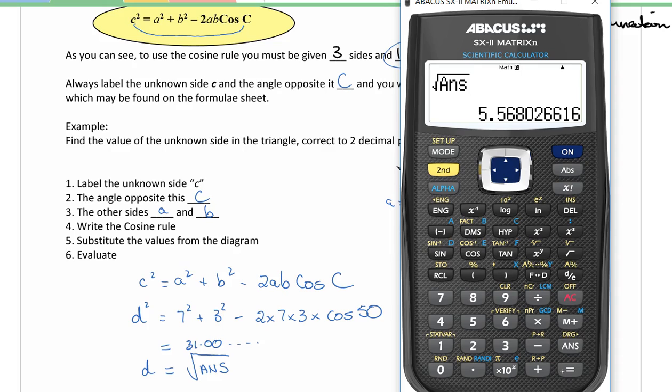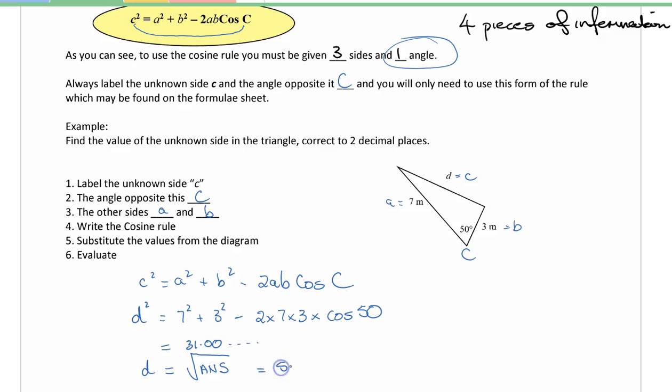I can use the answer button and get the square root. 5.568, and we're doing 2 decimal places, which is 5.57. They would be meters because the units are meters, and that's to 2 decimal places.